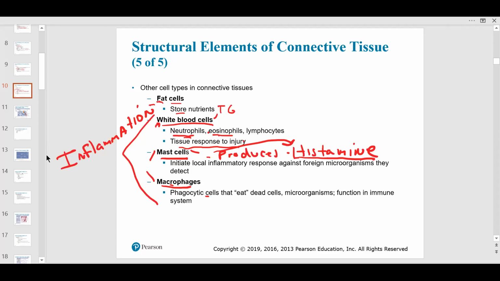So they eat up problems like dead cells or dysfunctional cells or bad DNA or bad proteins, anything that's not functional that can cause a problem. Microorganisms are like a bad bacteria, virus, parasite, something like that. So it's very immune response, and it all adds up to this inflammatory response within your tissue.